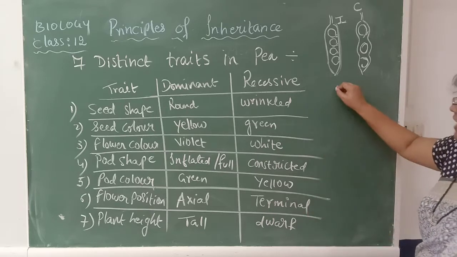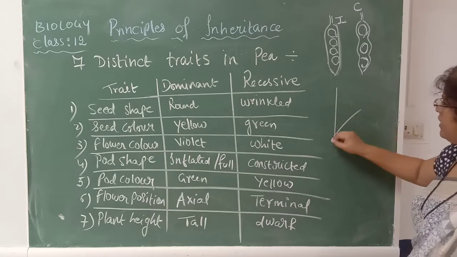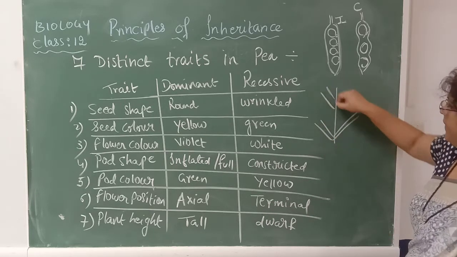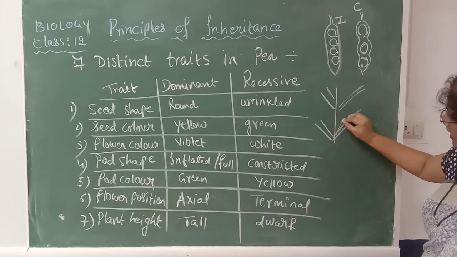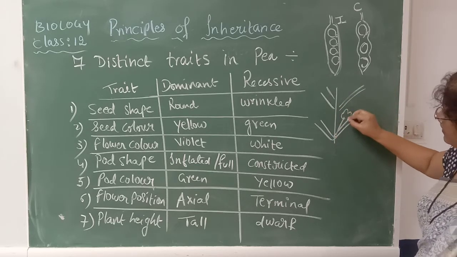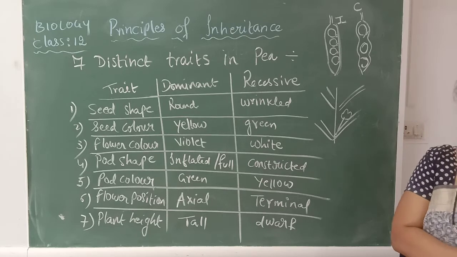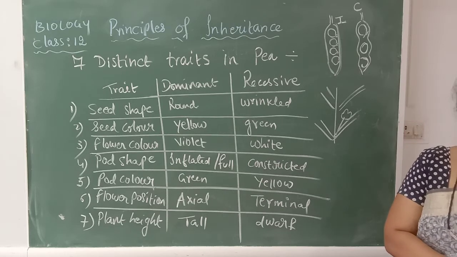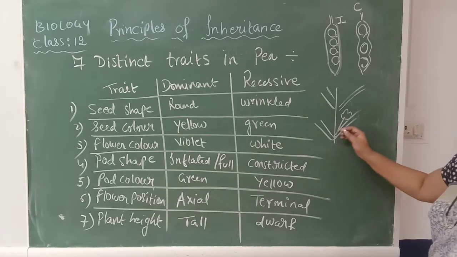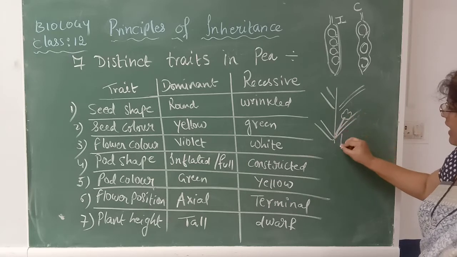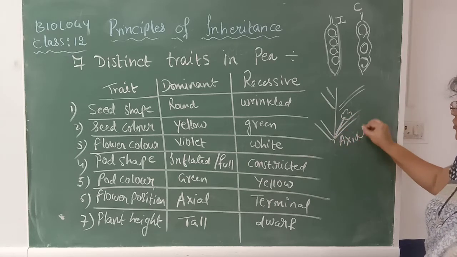Now what do you mean by axial position? So if this is the main branch, and if the flower is borne at any part on a node on the stem, such a position is called axial position.